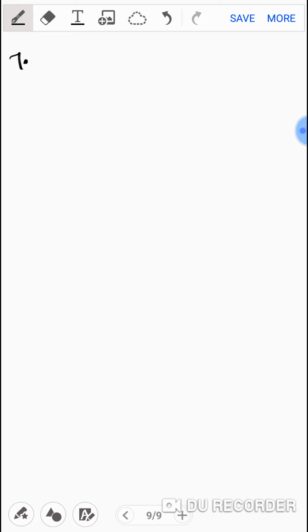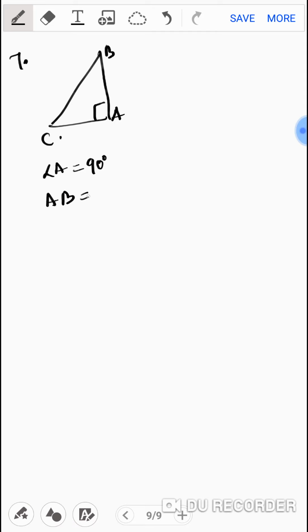Problem number 7. In problem number 7, we have a triangle BAC. Angle A is given as 90 and it is given AB is equal to AC. You have to find angle B and angle C. Let's start.